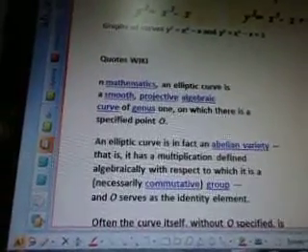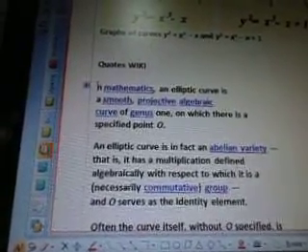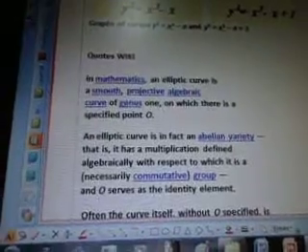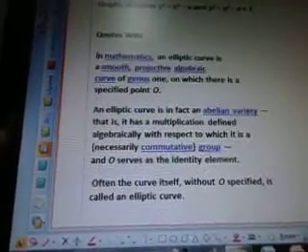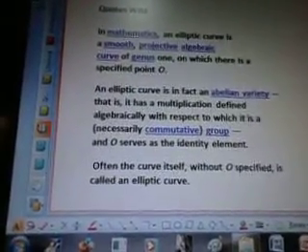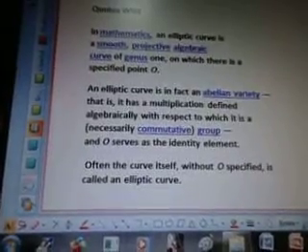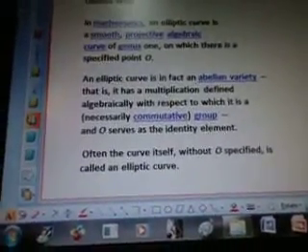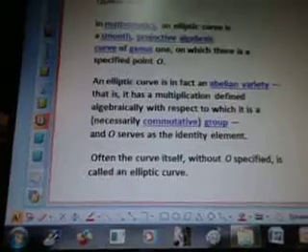Quotes from Wiki. In mathematics, an elliptic curve is a smooth projective algebraic curve of genus 1, on which there is a specified point O. It's late. It's 11:14 and I'm tired.